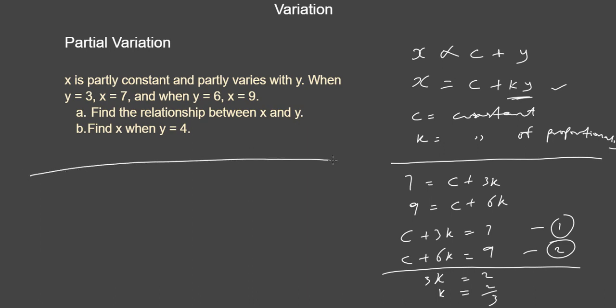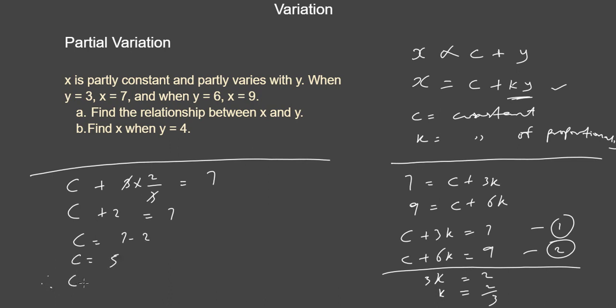To get the value of c, we substitute k as 2 over 3 in equation 1. So c plus 3 times 2 over 3 equals 7. The 3 cancels out the 3, so c plus 2 equals 7. Then c equals 7 minus 2, c equals 5.